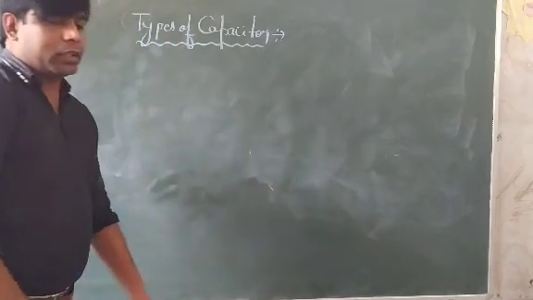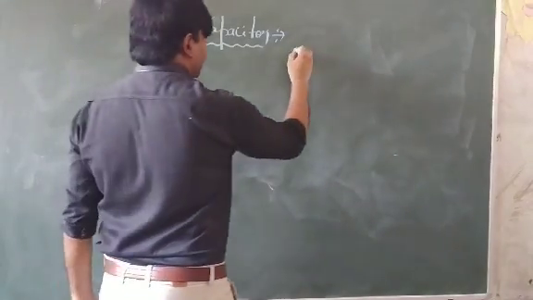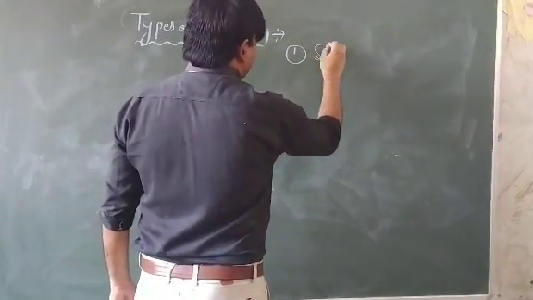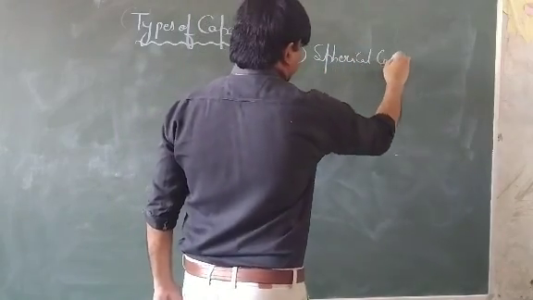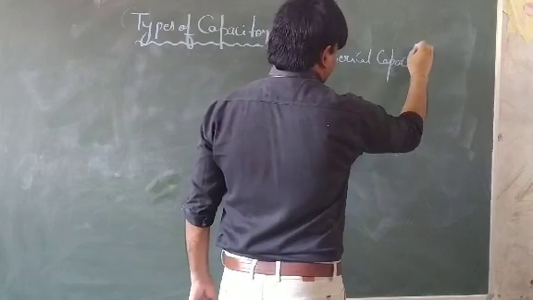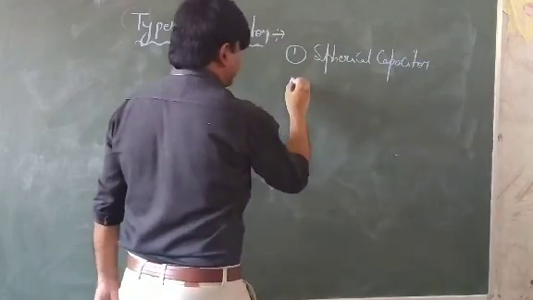It is a conductor, so it can have any shape. First, let us say this is spherical.